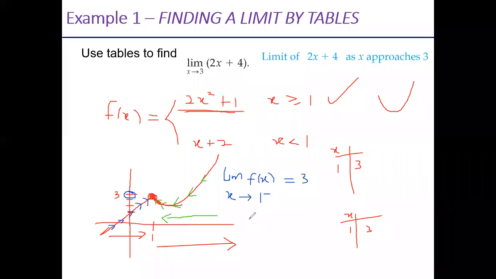So that too, we are going to write that the limit of f of x as x is approaching 1 from the right hand, so you say positive, is also equal to 3. So the behavior of the function as we are getting to 1 is the value 3.